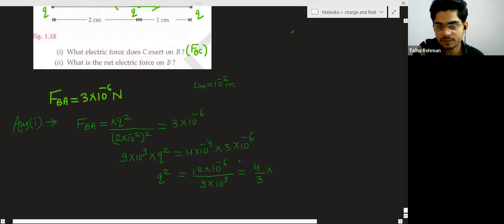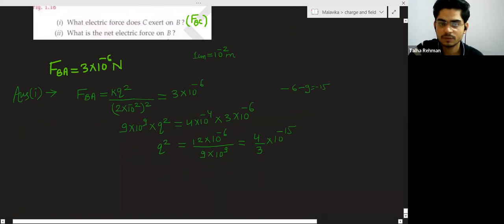This will become 10 to the power minus 6 and minus 9, which will be minus 15. 10 to the power minus 15. I have calculated q square: 4 by 3 into 10 to the power minus 15. This is the value of q square.